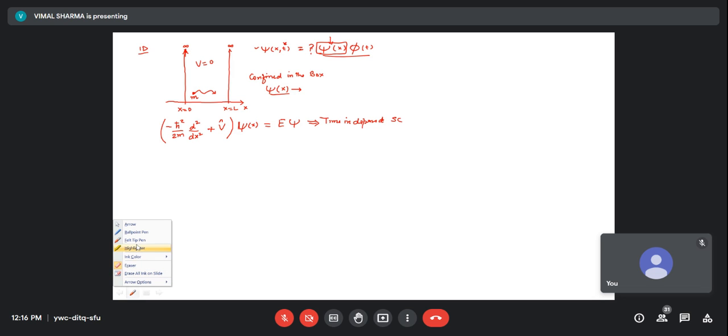Okay, so what we have in place of del square is a one dimensional operator, that is double derivative of a function with respect to x square.